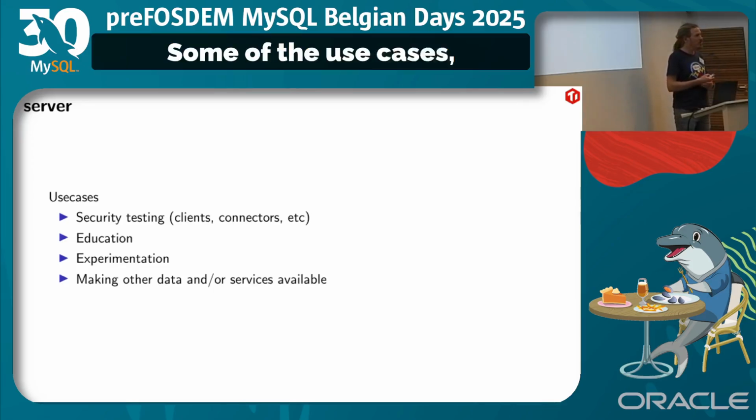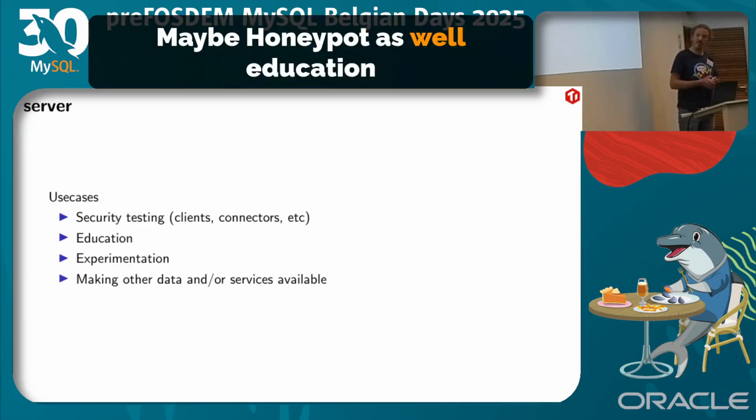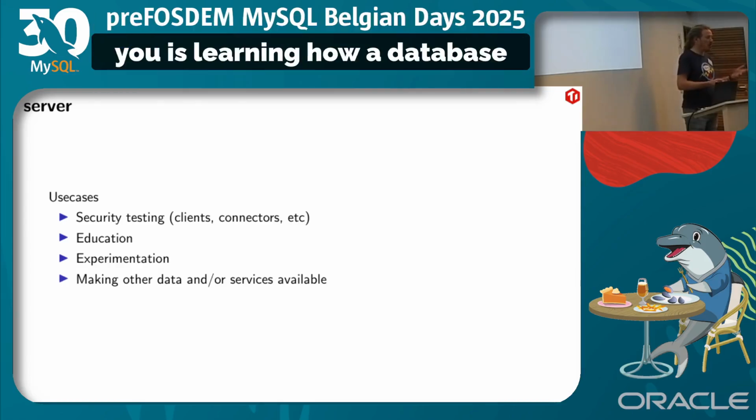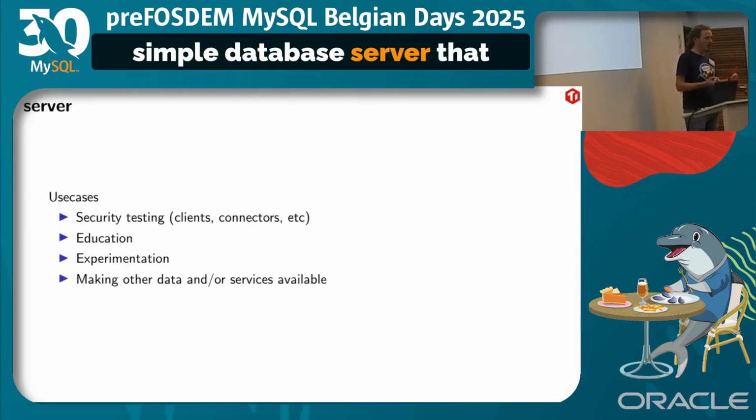Some of the use cases: security testing of clients, connectors, etc. Maybe honeypot as well. Education, just learning how a database server works, because with this you can build a really simple database server. It actually works with a regular database client.